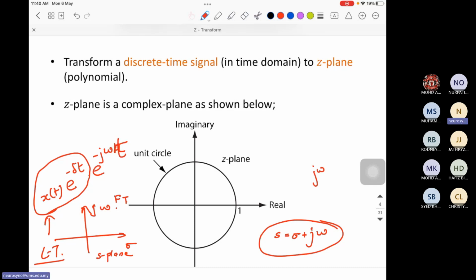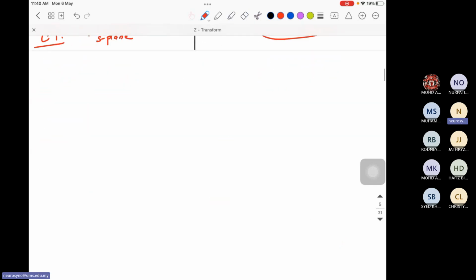The convergence factor is r to the power minus n, and r can be anything.